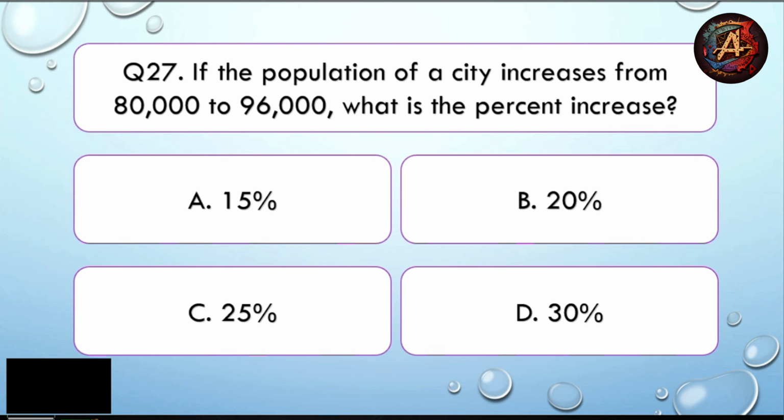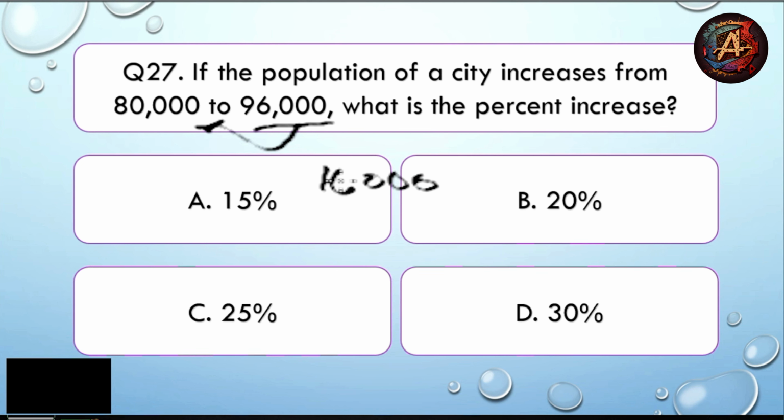Alright, my dear math learners, I will be showing you how to solve this one. Of course, first, in order for you to know the percentage of increase, you must know first the actual increase from 80,000 to 96,000. So what you will do is subtract this one from this one. 96,000 minus 80,000 will be 16,000, right?